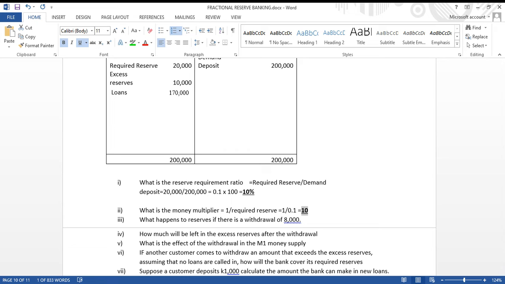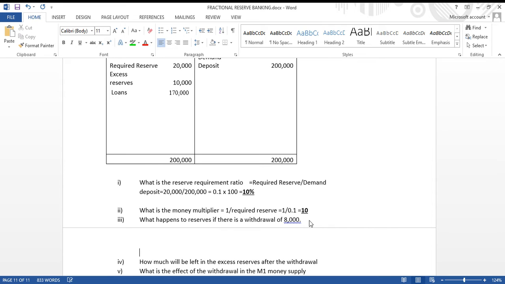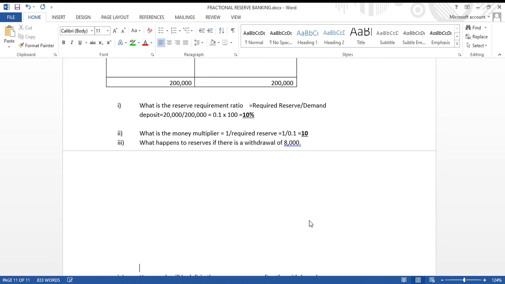All right, so it says, what happens to the reserves if there is a withdrawal of 8,000? All right, someone comes to withdraw 8,000. So this is what happens. Let's make space here.